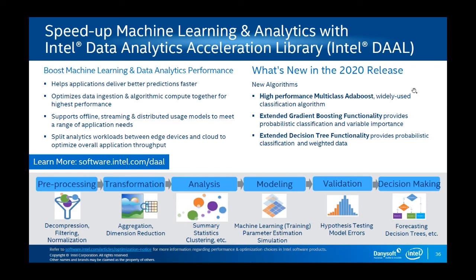This library includes highly optimized implementations of the most classical machine learning and analytics algorithms, and can be exploited from processors in a low power scenario, such as Intel Atom, up to the most powerful processors in server systems. So this function spans all the analytics stages: data pre-processing, transformation, analysis, modeling, validation, and decision making.